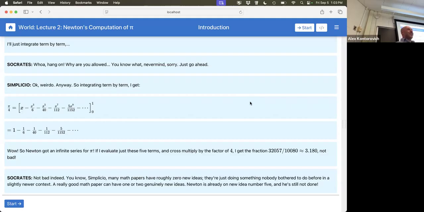Newton's already introduced taking the binomial theorem out of the positive integers, in fact, taking them out of the integers altogether, using this alternate version of what choose means, and then working out this calculus. Anyway, we're at 5 new ideas, and he's not done yet. He's going to have new idea number 6. He's got an even better way of doing this. Can you think of what it might be?